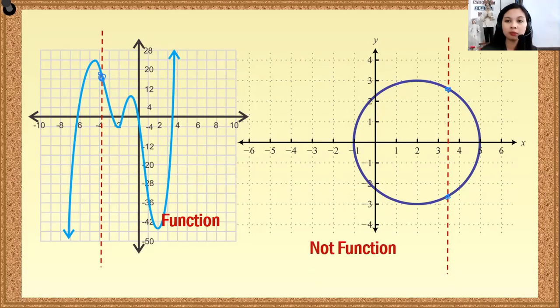Okay? Kasi dalawang point yun na-intersect. Okay? Unlike dito, isa lang. Dapat po isa lang to consider it as function po. Okay? Ganyan yung gagawin nyo kapag graph po yung given and then ang question is you're going to identify whether it is a function or not po. Okay? Ayun po siya.